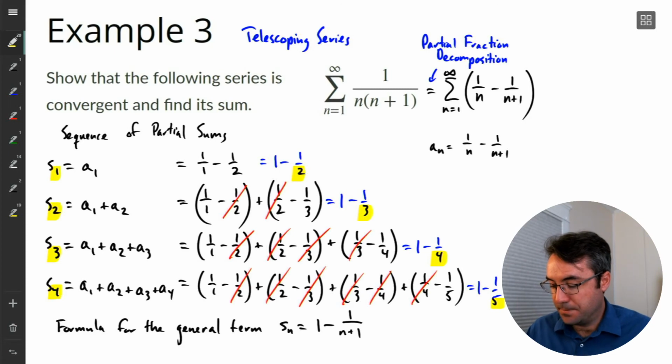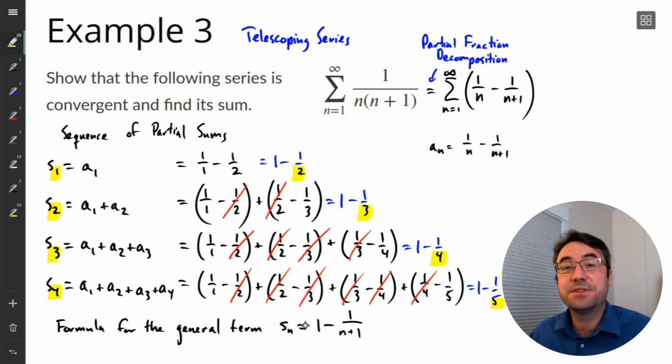All right, so we're able to actually find the general term of our sequence of partial sums. And as we're going to see in later lessons, being able to do this is exceedingly rare.